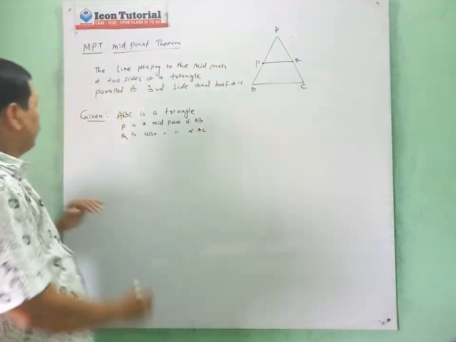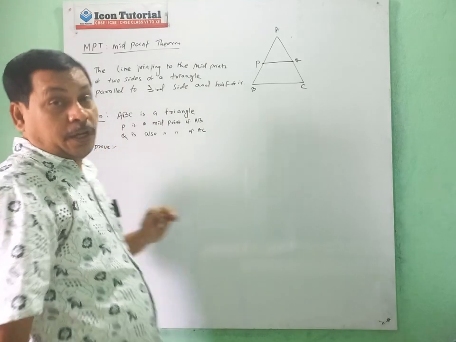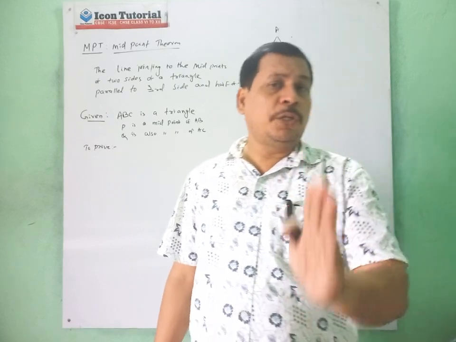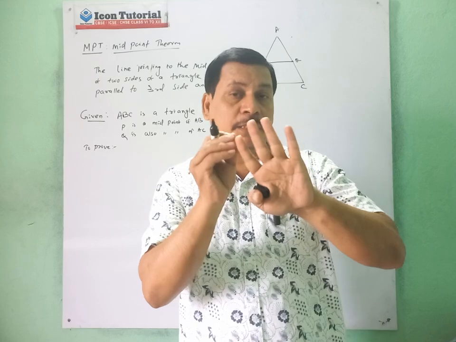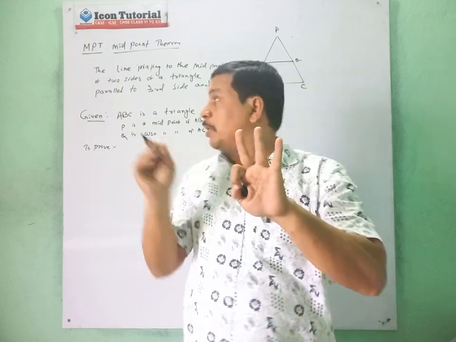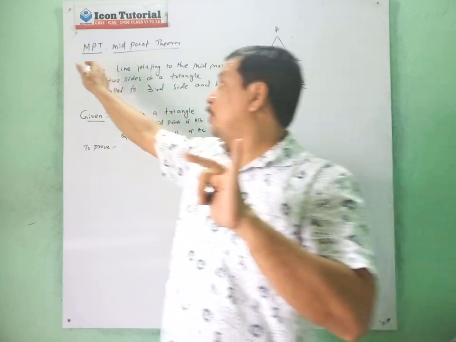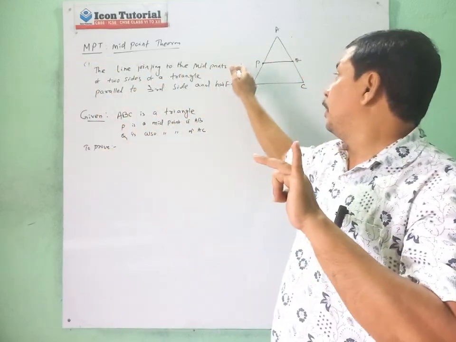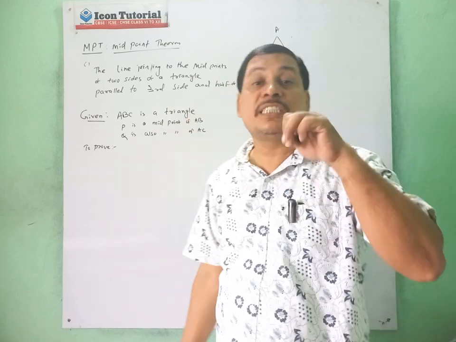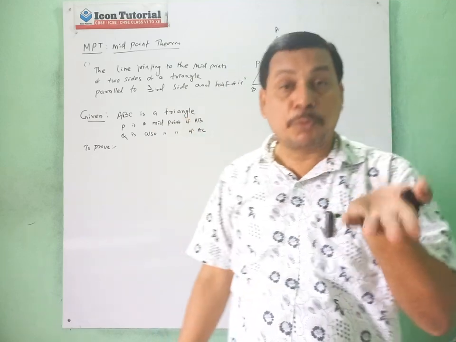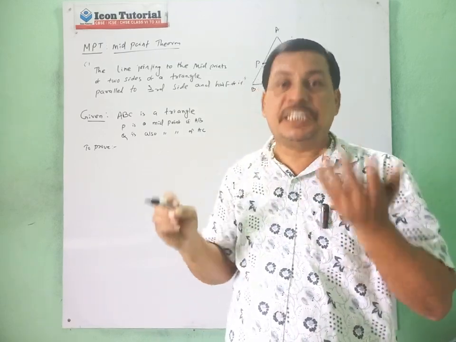So in triangle ABC, PQ is the line, and we have to prove it. Remember one thing: in every theorem there are three or four main parts. First, you write the given statement, then what is to prove, and for the proof, what construction you need.